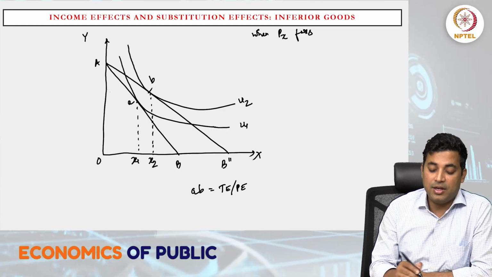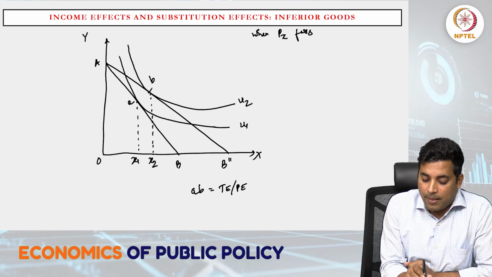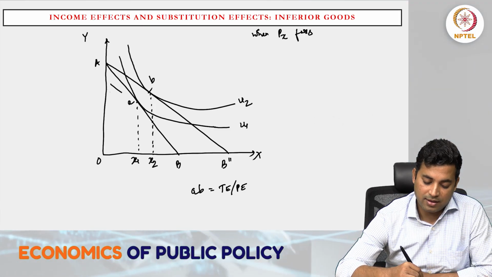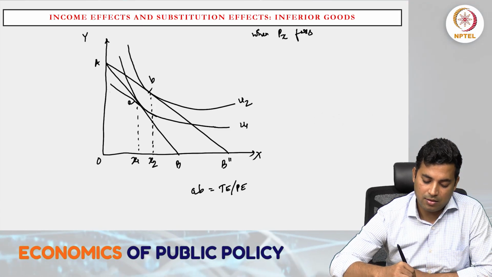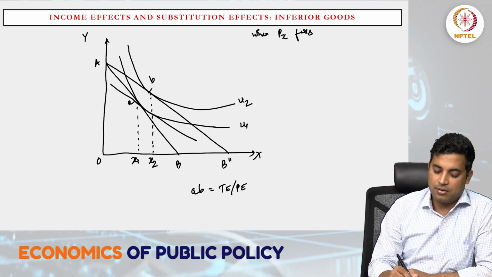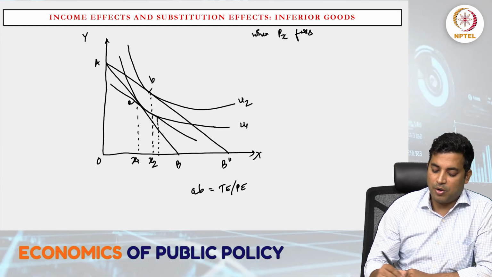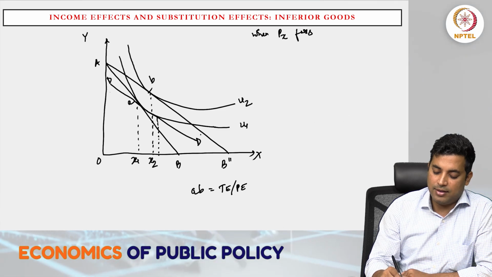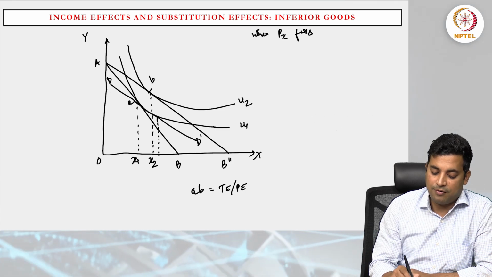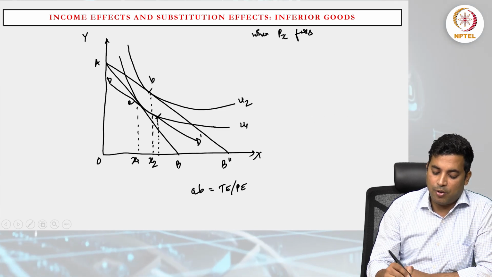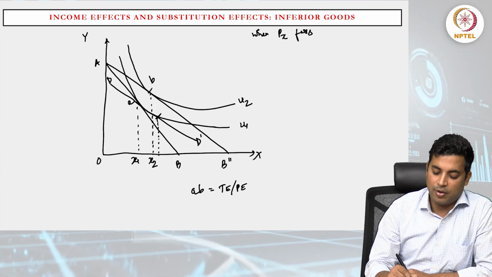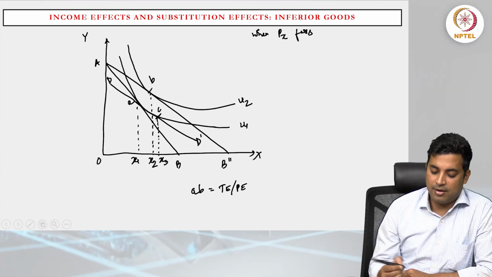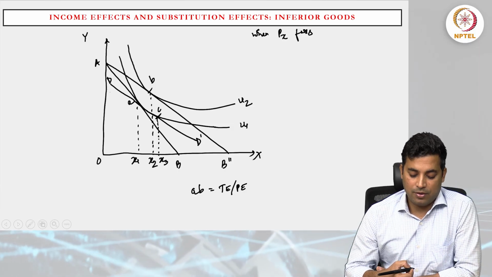But then in case of inferior goods, the budget line will be shifting to this point. So we have a new budget line D and D dash, and we have one more point, let's say here is point C, and then we have again a higher level of x.